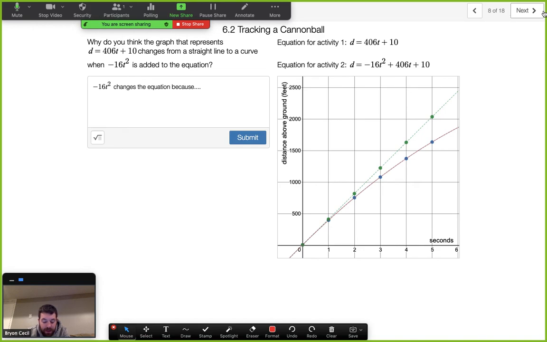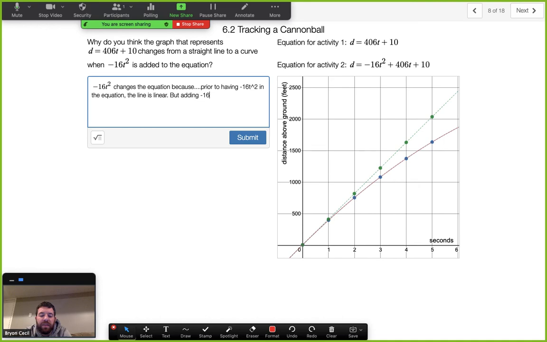That amount gets larger each successive second. Eventually, the cannonball stops increasing in height and starts to fall. Prior to having the negative 16t squared in the equation, the line is linear.